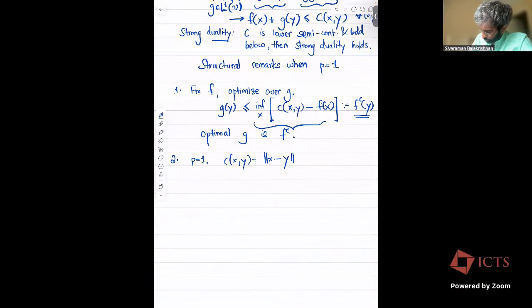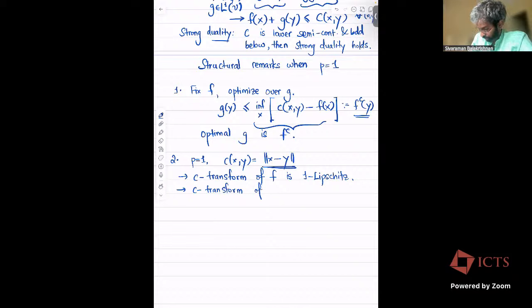The first one is that the C transform of any function is always going to be 1 Lipschitz for this particular cost. The second is that the C transform of a 1 Lipschitz function will be minus the function.